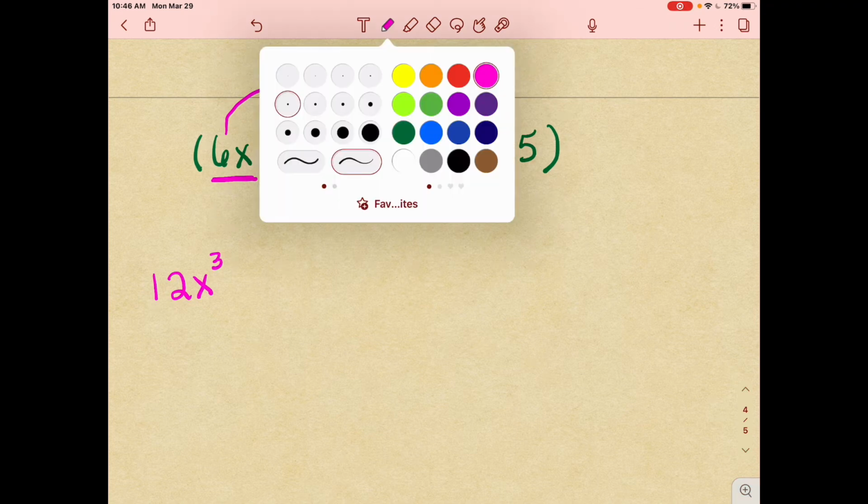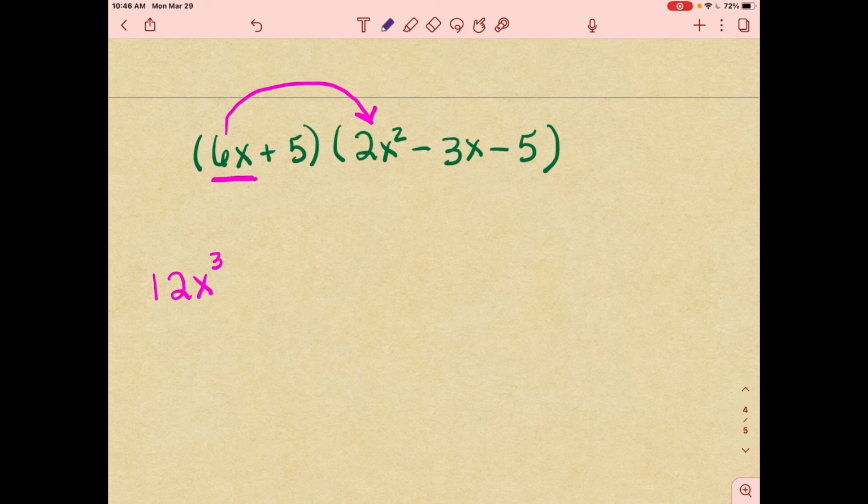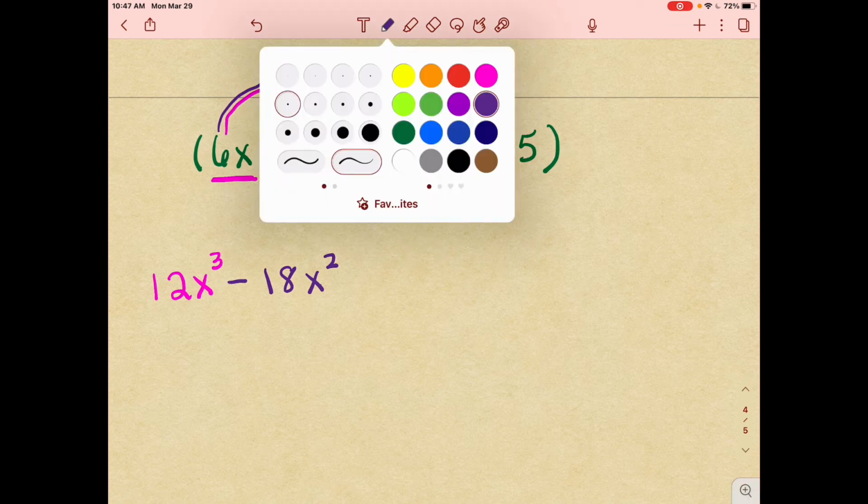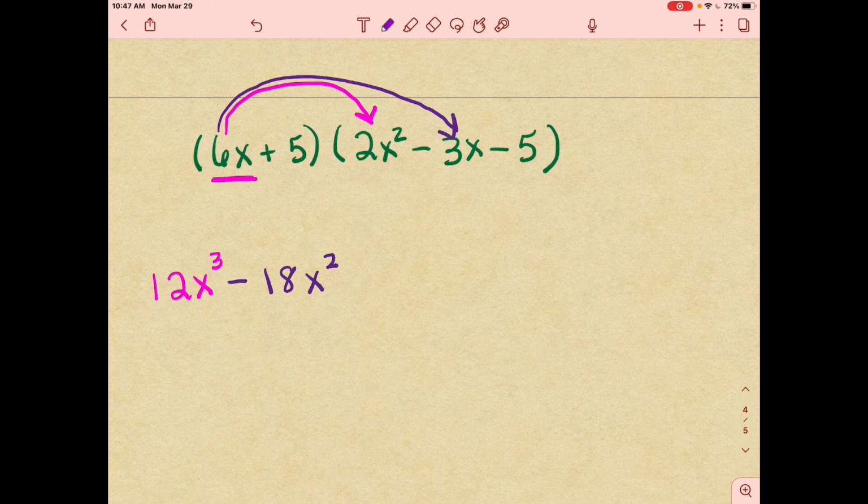We're going to do 6x times negative 3x, and that'll give me a negative 18x squared. 6 times negative 3 is negative 18, and x times x is x squared. And then we're going to do 6x times negative 5. 6 times negative 5 is negative 30, and then we have the x.